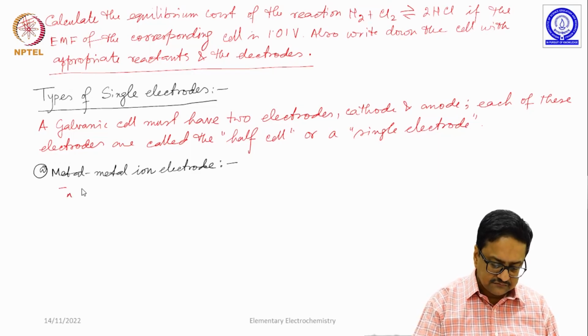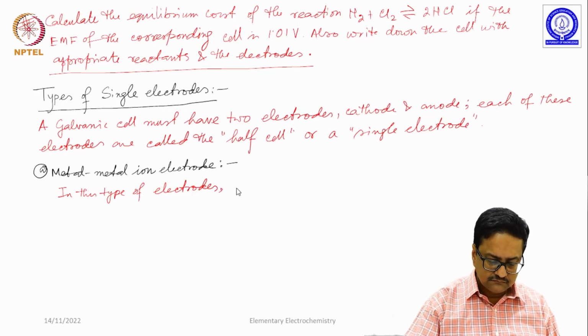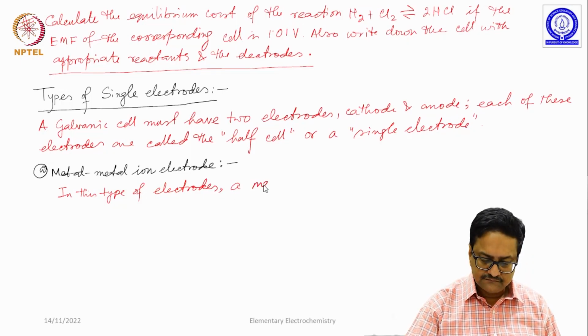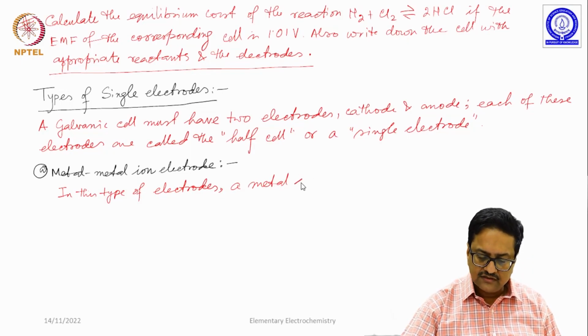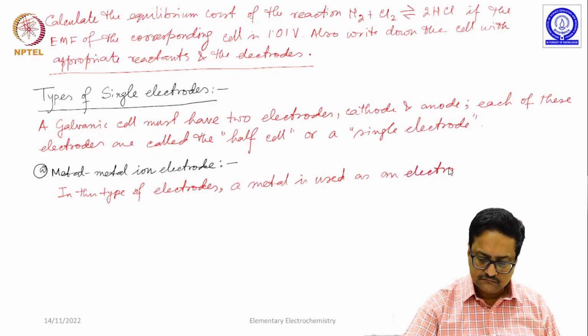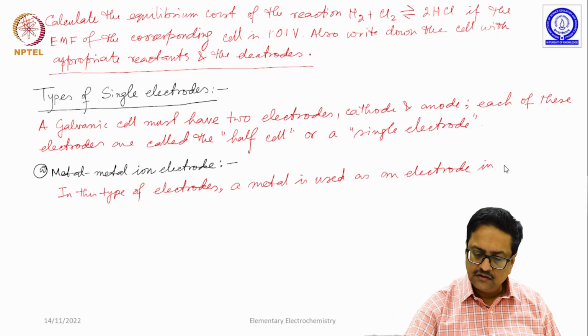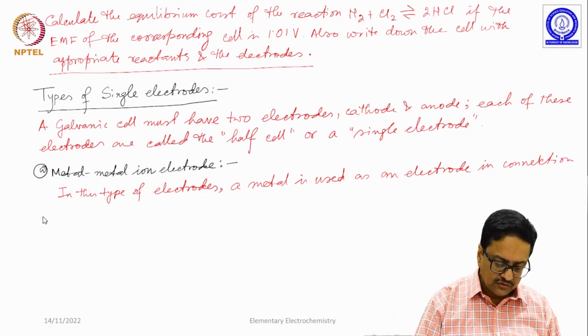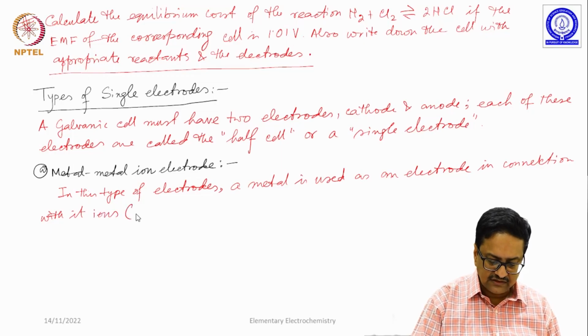So in this type of electrodes, a metal is used as an electrode in connection with its ions, that is cations.